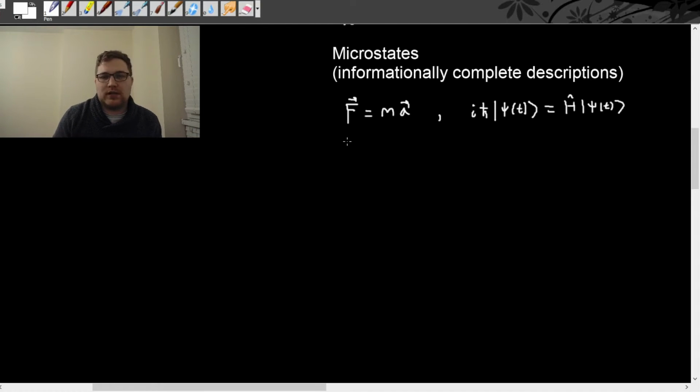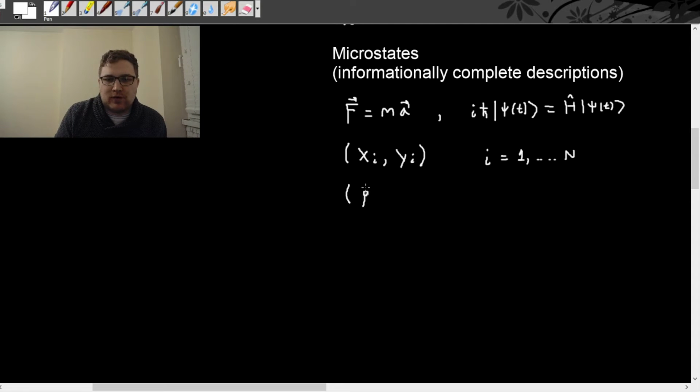So if we, for example, had both an x and a y direction, for every single particle you would need to supply its position in the x and y directions, where I will go from the first particle to the nth particle. And we would also need to describe their corresponding momentum. I'll just write that for convenience in vector format here, p vector i, and this would similarly go from 1 to N.